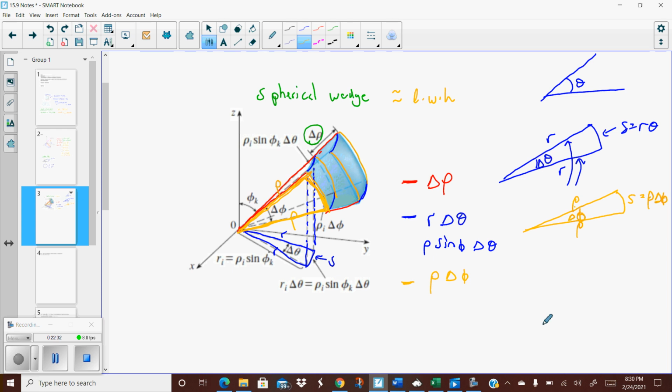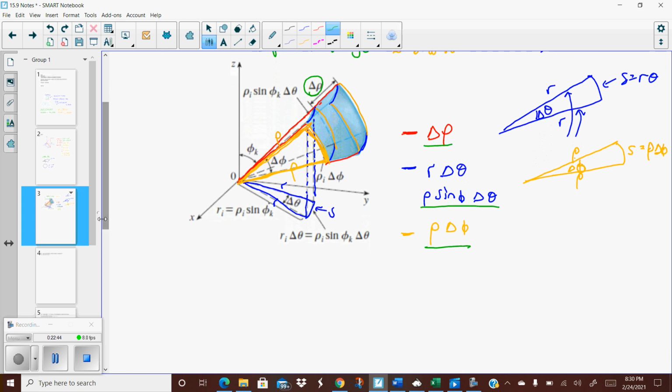So length times width times height. Length times width times height. So when I go to do our conversion, our change in our volume is going to be, let's see, what do we got? We've got delta rho sine phi delta theta times rho delta phi.